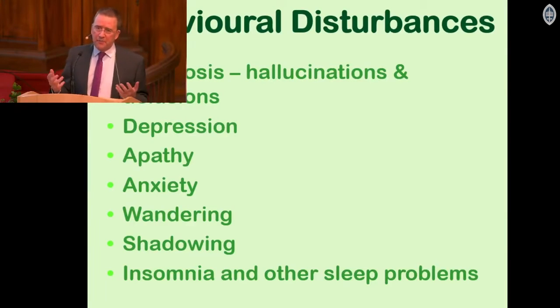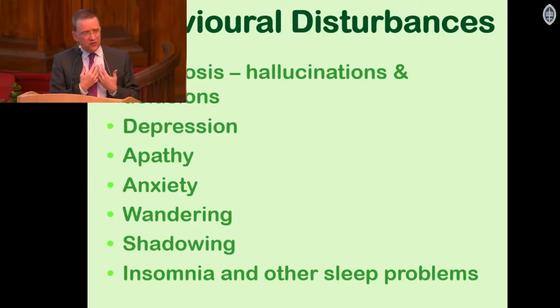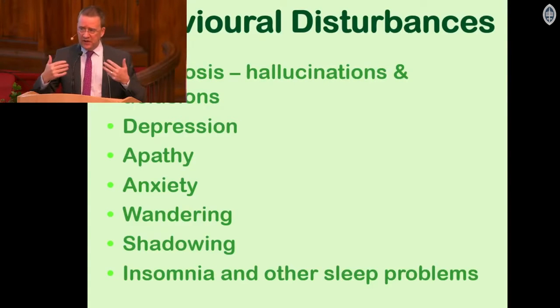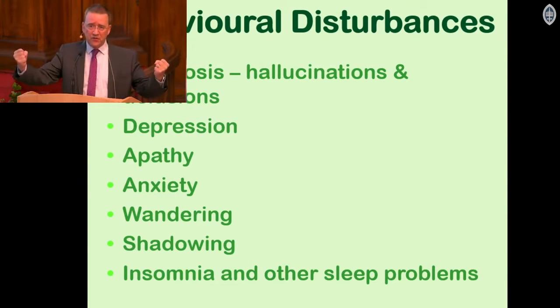Somebody who is apathetic has lost their drive to do anything, and so they will just sit and do very, very little. This is because of the impact of the diseases that cause dementia on the part of the brain that normally gives us our drive to get up and do things.